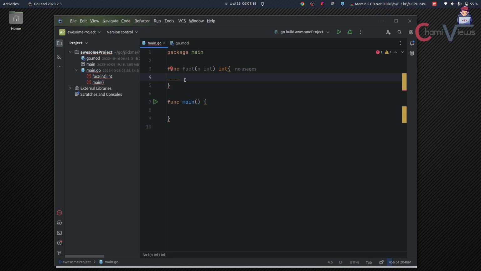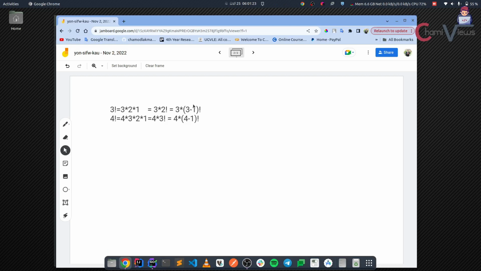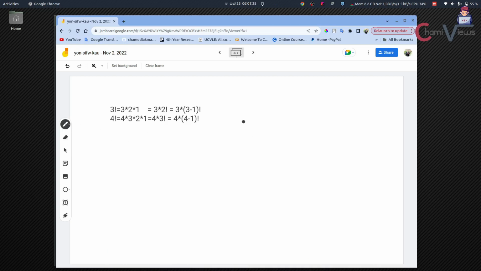We all know that factorial 0 equals 1. This is a constant value, we can use that.